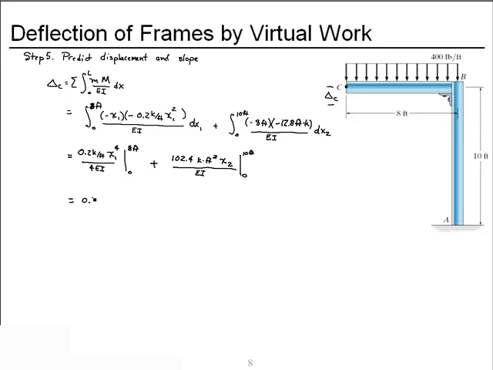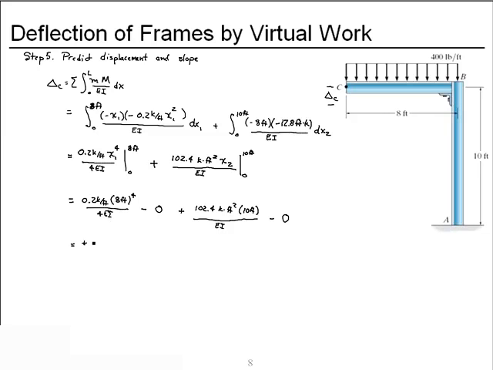This becomes 0.2 kips per feet, 8 feet to the fourth over 4 EI minus 0, and we add the 102.4 kip feet squared times 10 feet over EI minus 0, since the 0 goes in for x2. Here we're going to get kip feet cubed over EI. That's good. They need to be consistent units, and that's worth checking when we're integrating polynomials.